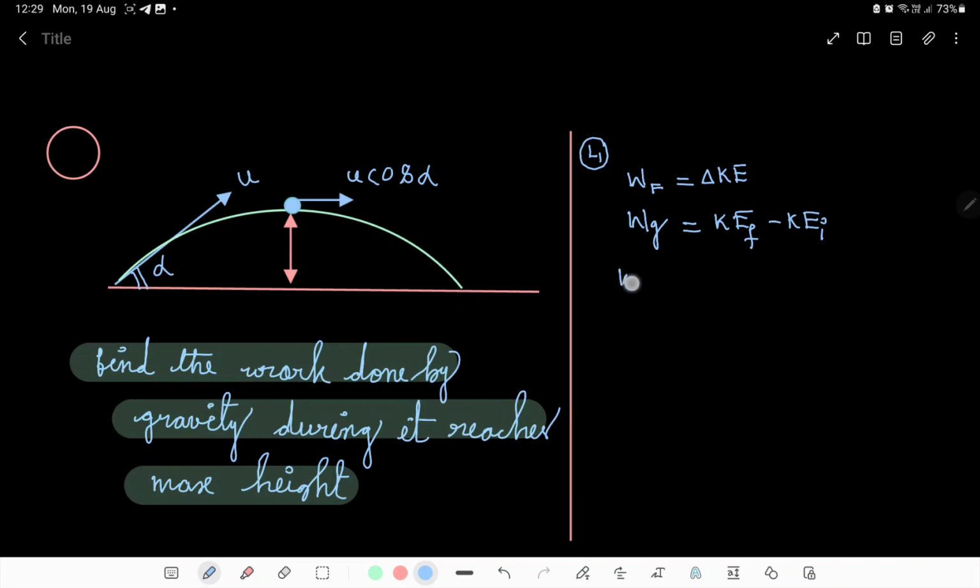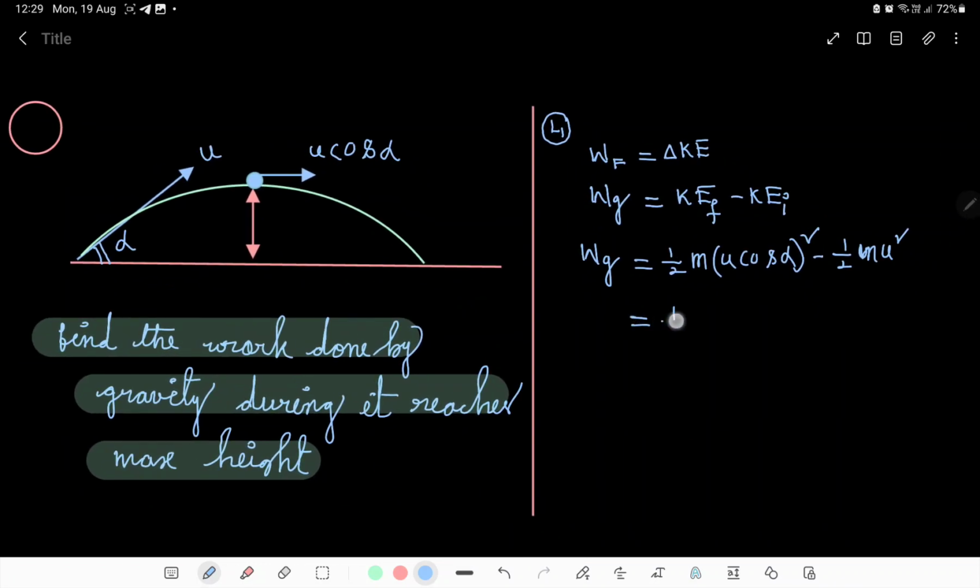So work done by the gravity is equal to KE final, which can be written as half m times (u cos alpha) whole square, minus the initial, which is half m u square, right?